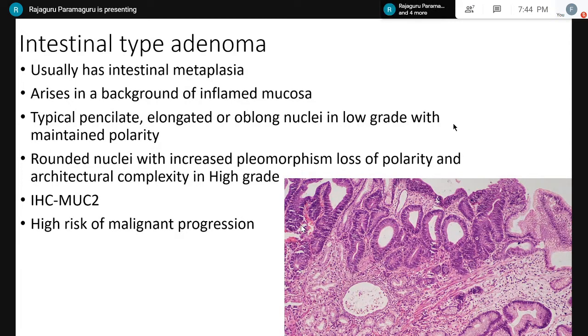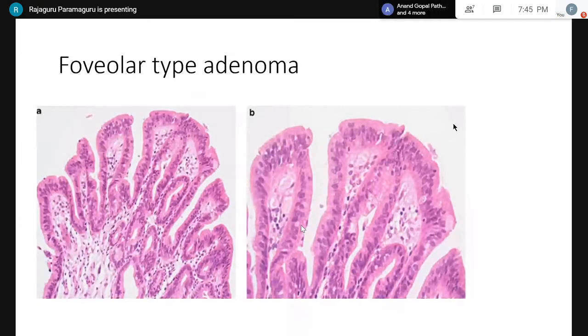The histomorphology is similar to that of a colonic tubular or tubulovillous adenoma, with pencillate nuclei which are elongated with maintained polarity in low-grade dysplasia, whereas in high-grade dysplasia you are going to see a lot of loss of polarity and architectural complexity. IHC-wise, MUC2 will stay positive, and there is a high risk of progression to malignancy. So this is about the intestinal type of adenoma.